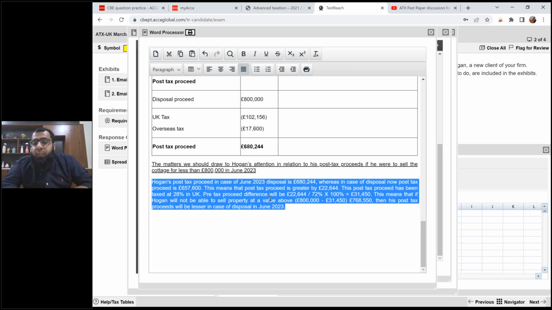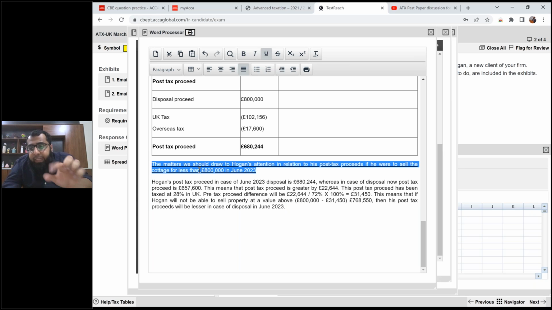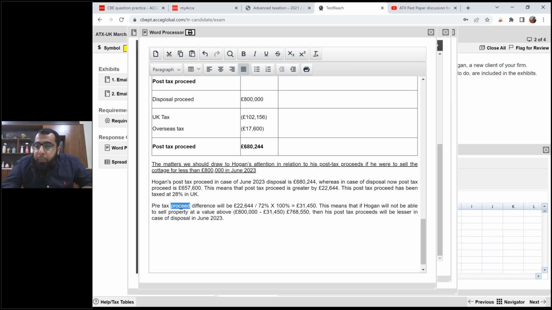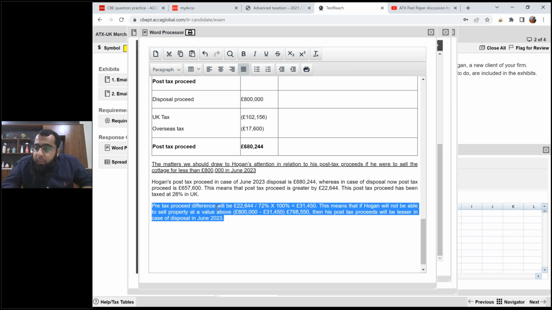This post-tax proceed has been taxed at 28%. Now, if he were to sell it at less than 800,000 pounds, see, this 800,000 pounds is not the post-tax amount. This is the pre-tax amount. So I am converting it into the pre-tax amount, as the tax is charged at 28%.